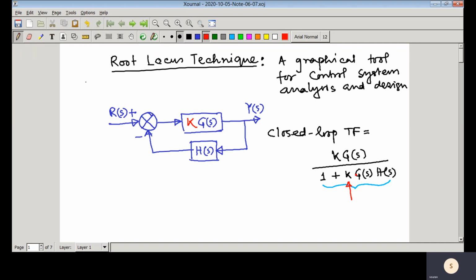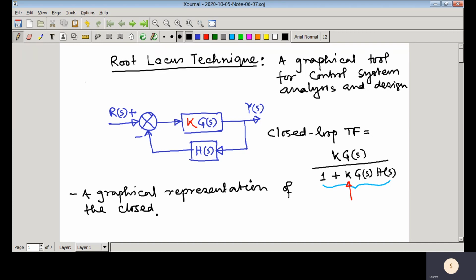So in root locus, this is a graphical representation of the closed loop poles, that is what we have seen here.